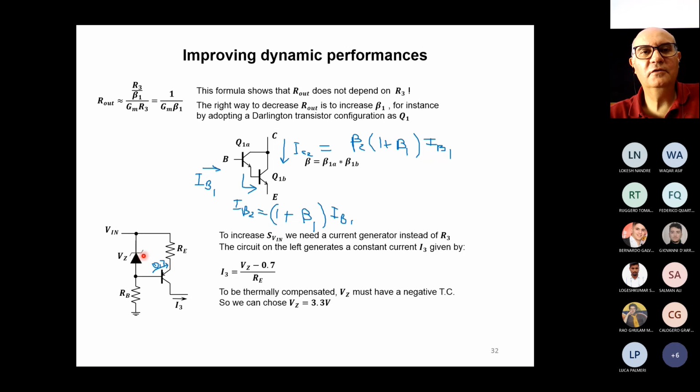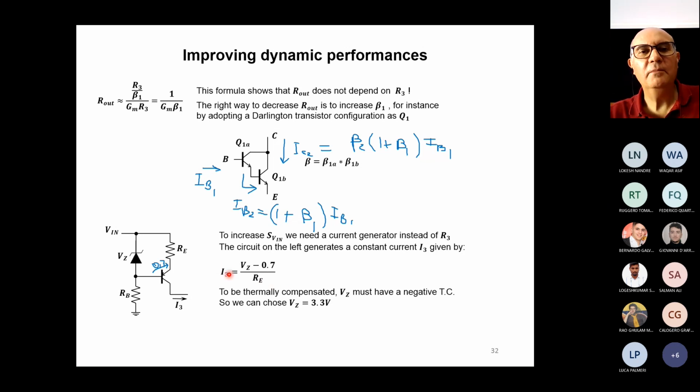If the Zener diode, for instance, is 5 volts in total, from here to here, the voltage across the resistor is 5 volts minus 0.7. If I divide this voltage, Vz minus 0.7, by the emitter resistance Re, the system will do everything to keep this relationship constant all the time.